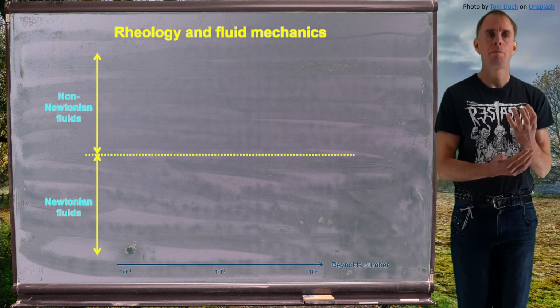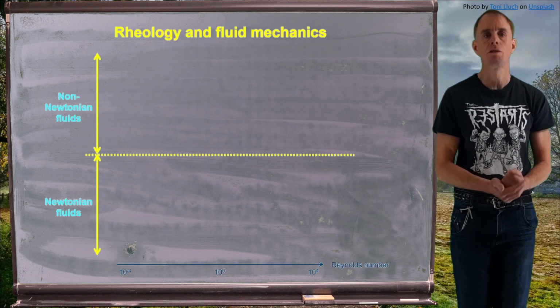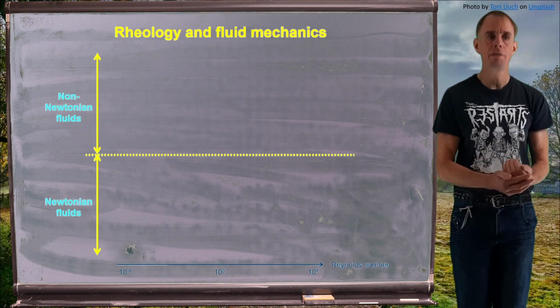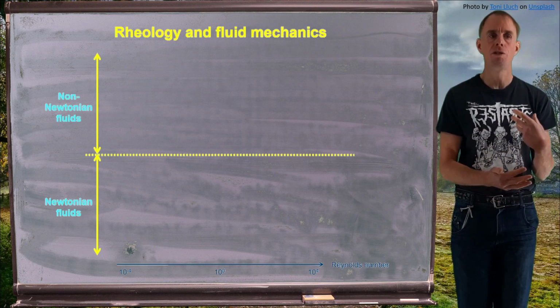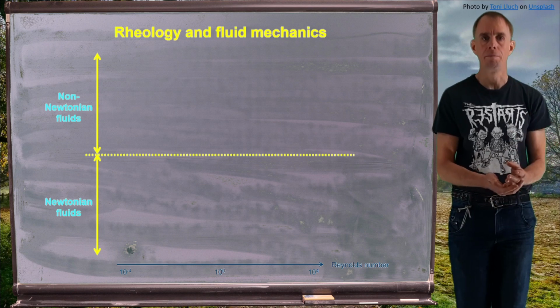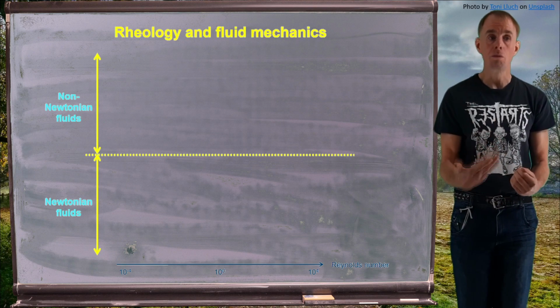Let's think about rheology in the broad sense of fluid mechanics now. Some of you will have sat on fluid mechanics courses before, others of you won't. But for those of you who have, you'll be familiar with the concept of Newtonian fluids and non-Newtonian fluids to a point, and the concept of Reynolds number. For those of you who haven't, don't worry.